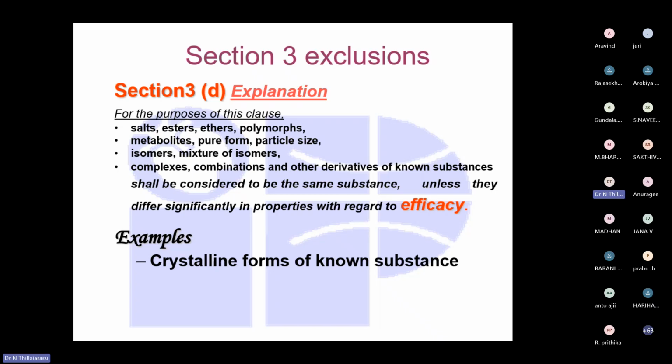Okay, and efficacy means the efficiency of the already existing substance. The salt is there. What is the saltiness level? What is the level of this ether? So everything with respect to efficacy only; we can say the properties and the formation of the known substance are to be patented.